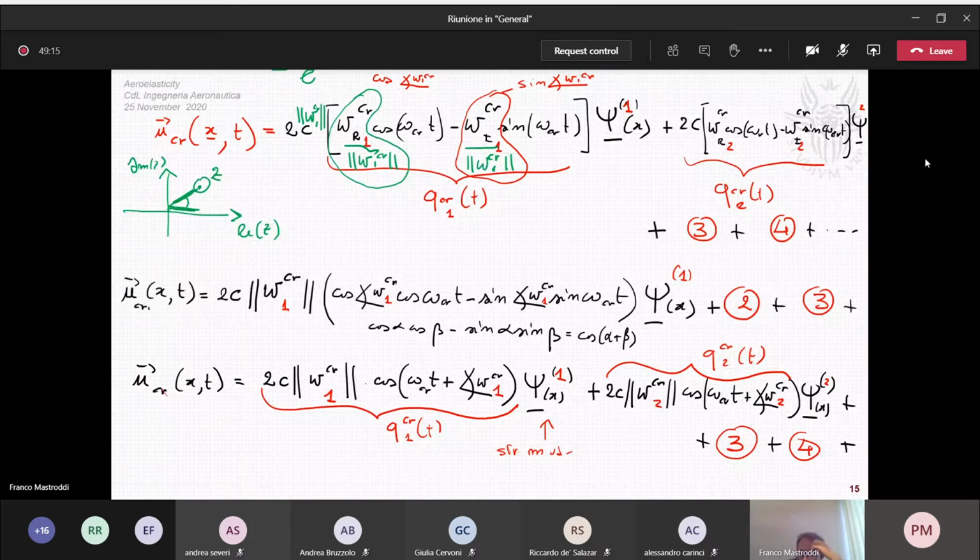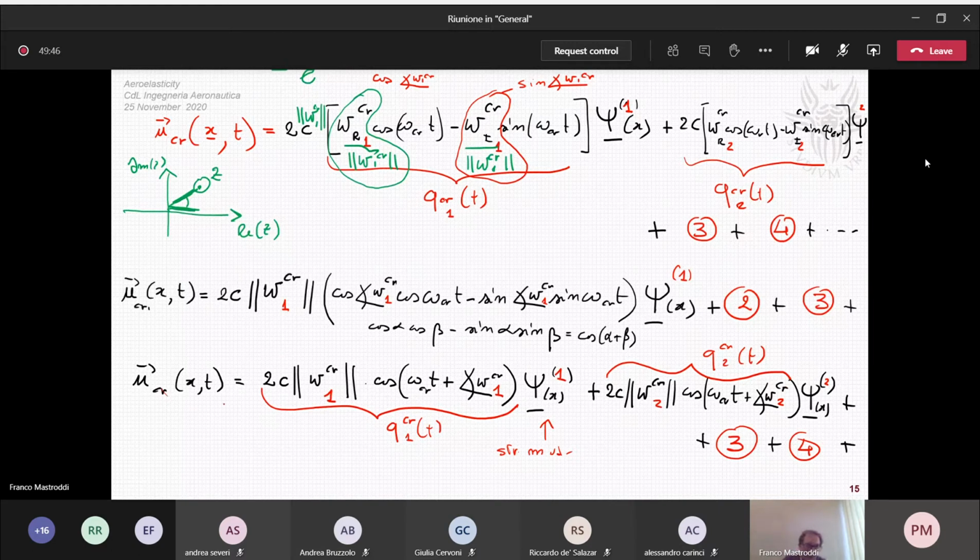You have to consider this Q2 critical time function, composed of an amplitude given by the amplitude of your complex eigenvector and a phase shift with respect to all the other time contributions, and this time shift is given by the phase of the complex number W2 critical, and so on for the others.